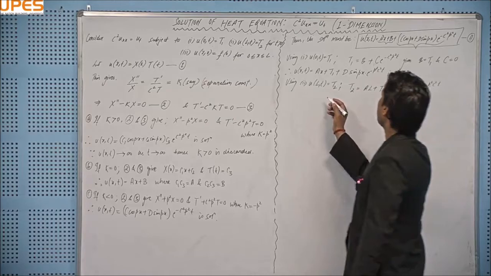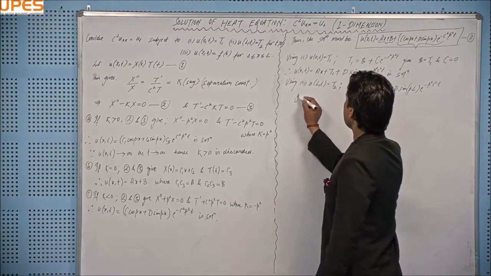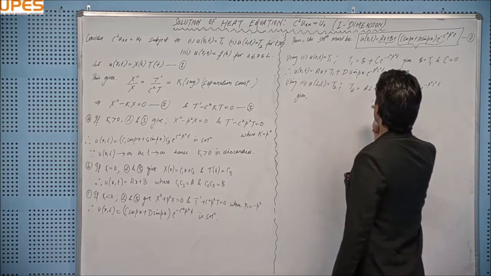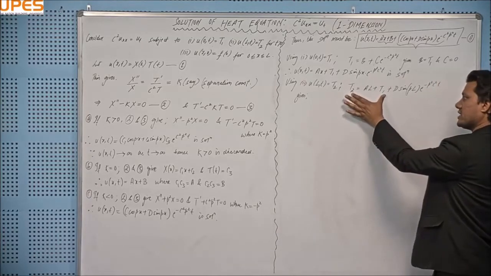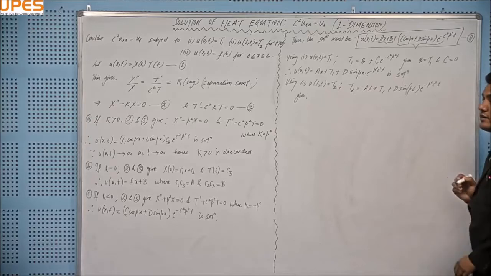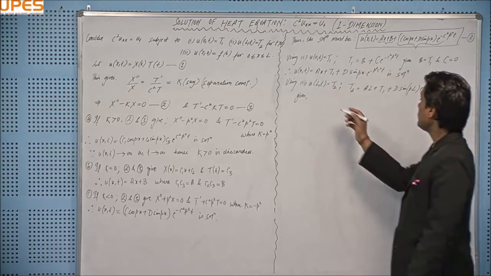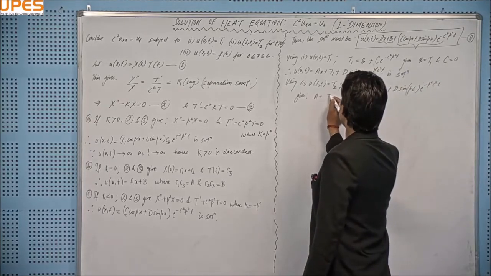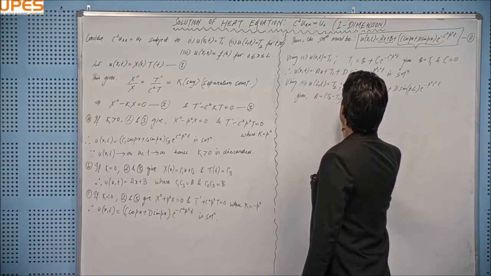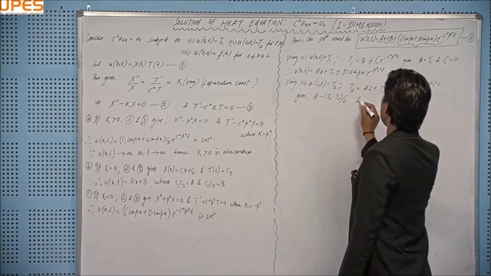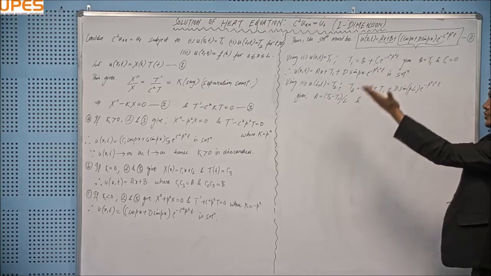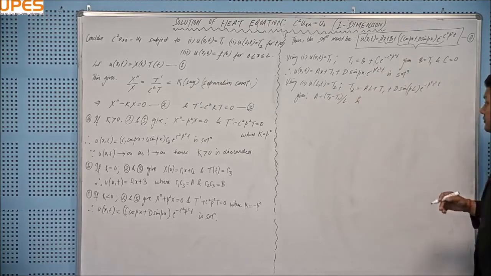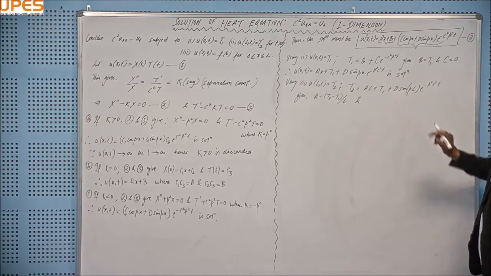On comparison, constant equal to constant gives me T2 equal to AL plus T1, and from there I will find capital A equal to T2 minus T1 upon L. And the coefficient of this exponential function should be equated to 0, which gives either d is equal to 0 or sin PL equal to 0.